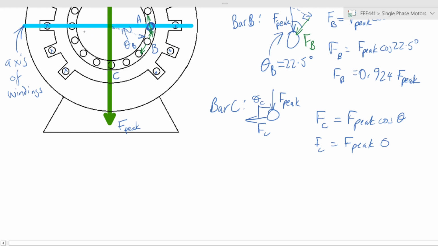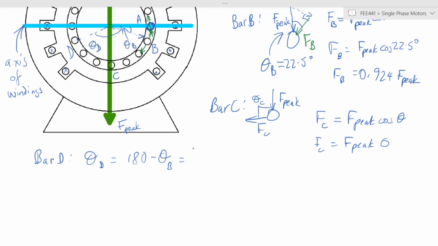Now let's look at another point which is directly opposite from B. Let's call it bar D, which is located there. Now D has an angle, theta D, measured from the axis. Theta D is equal to 180 degrees away from theta B, which means it is 180 minus 22.5, which is 157.5 degrees.